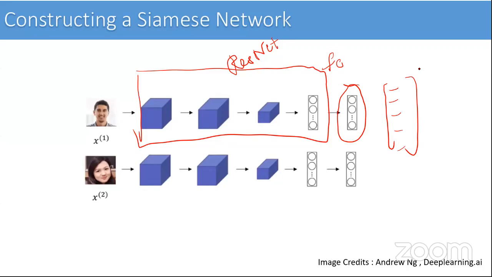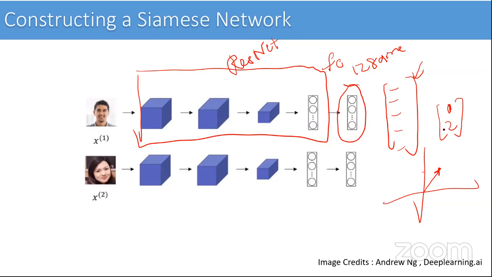Let's say this is a 128-dimensional feature. So this feature is going to be a point in that 128-dimensional feature space, right? If it's just a two-dimensional feature vector, we know that it's going to be somewhere in two-dimensional space. This is just a point, right?